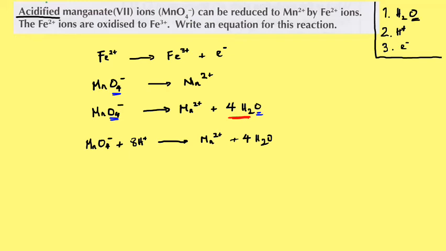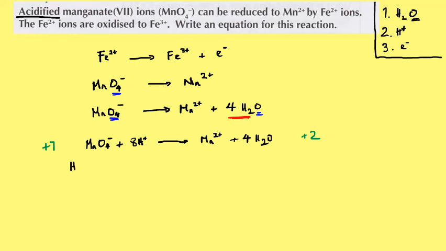So if we've got plus 7 on this side and only plus 2 on this side, you can see that we need to reduce that plus 7 down to plus 2 to make the left hand side also plus 2. And we're going to do that by adding electrons.